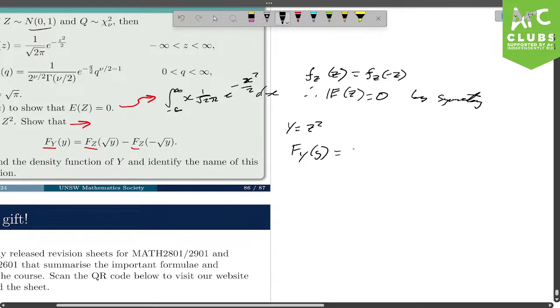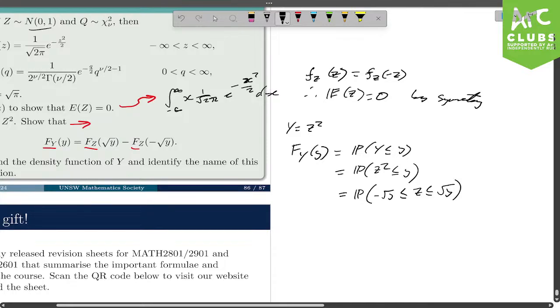F of y equals the probability that Y is less than or equal to y, which equals the probability that, I'll say it like this, since y is z squared, it is less than or equal to y. Now, what does this mean? It means that the magnitude of z is bounded by the positive and negative square roots of y. And so I write that as follows: minus square root of y is less than or equal to z, which is less than or equal to positive square root of y.